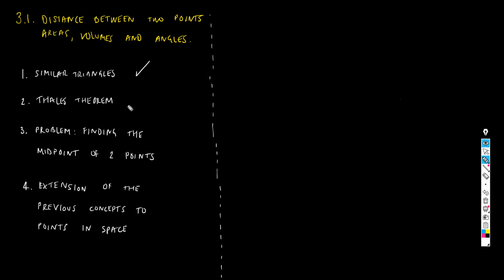Thales theorem. What does this theorem say? It can be established in the following way. The Thales theorem says the following. For similar triangles, and only for similar triangles, okay, I'm making this assumption.